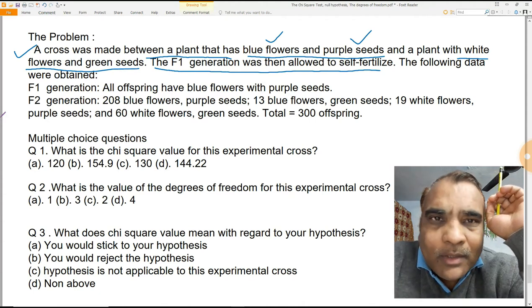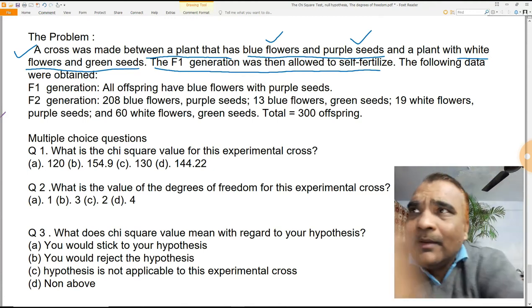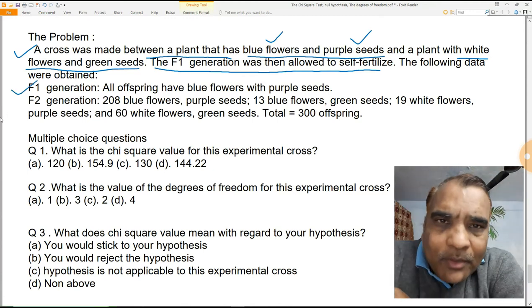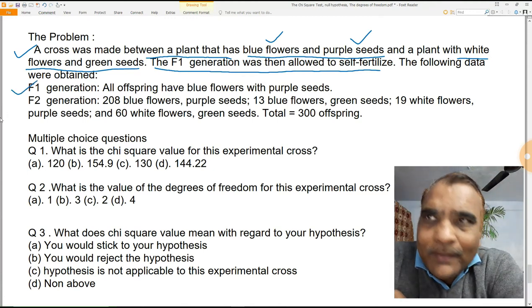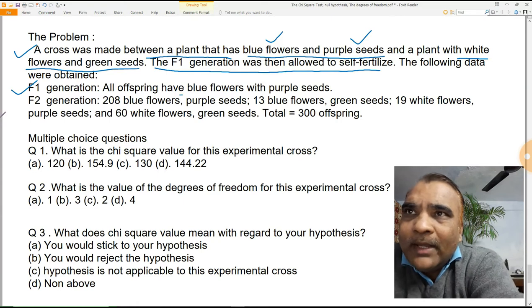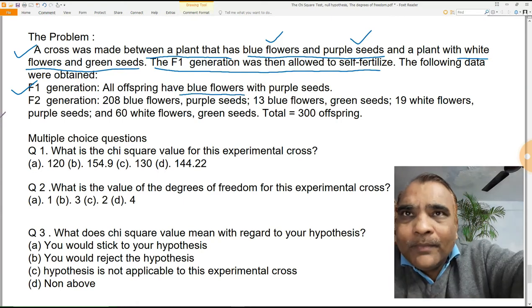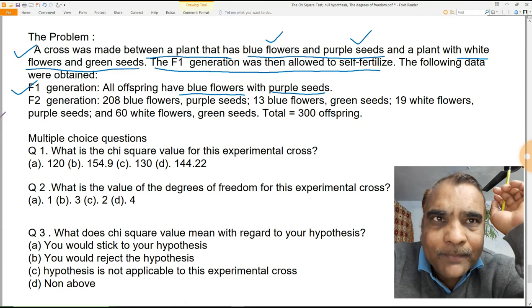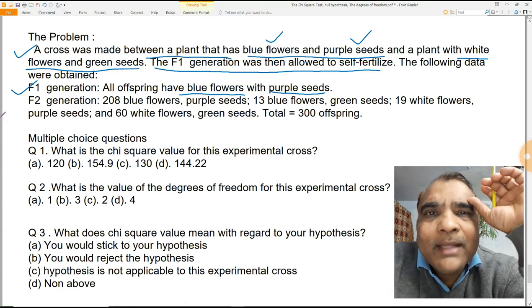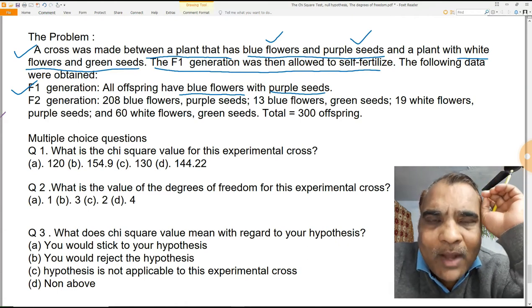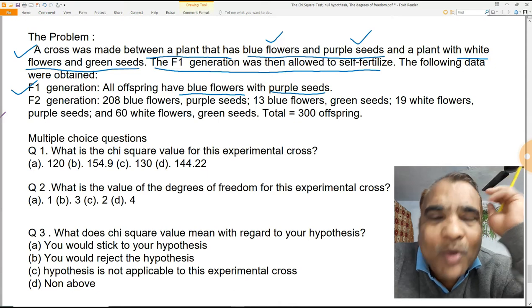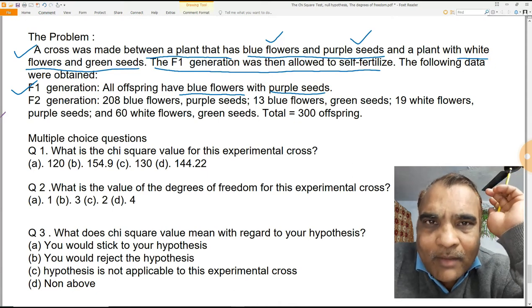When you look at the F1 generation, all offspring have blue flower with purple seed. That means we can say that the blue flower phenotype is dominant over white flower.